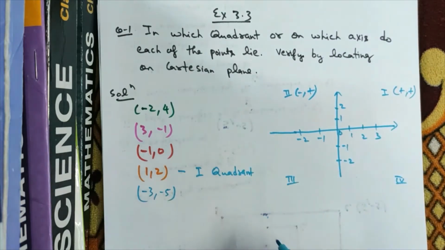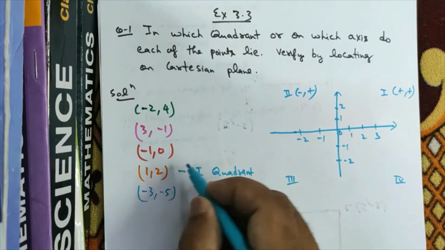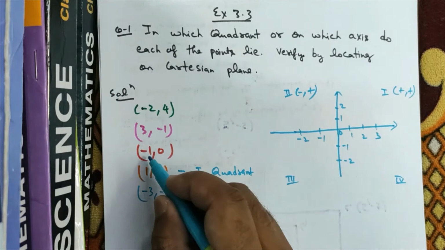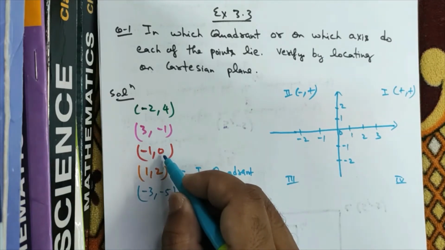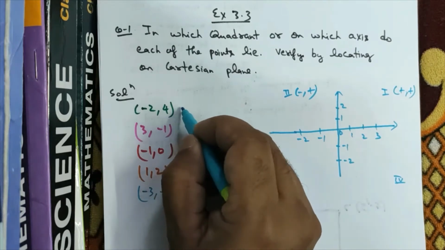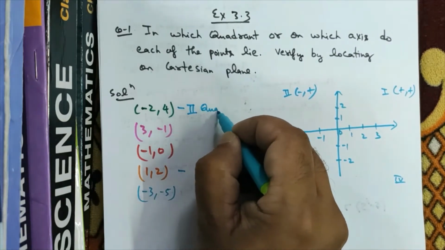Which point has an x coordinate negative and a y coordinate positive? This one has x coordinate negative but y coordinate 0, not positive. The x coordinate is negative and the y coordinate is positive. So this first one is lying in the second quadrant.